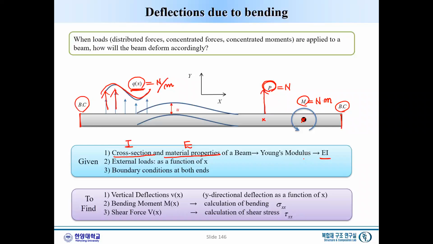EI is always the product of terms giving us the stiffness of bending beam structures, combining the geometric and material properties.